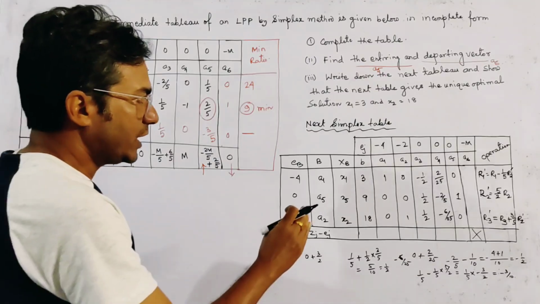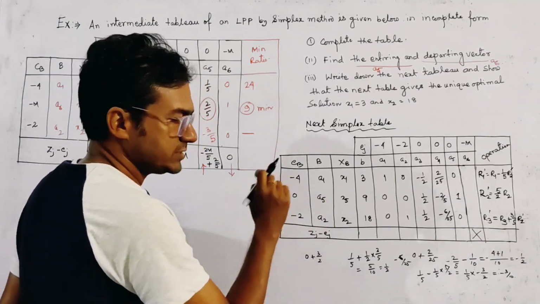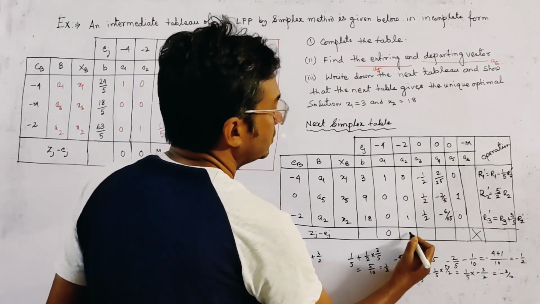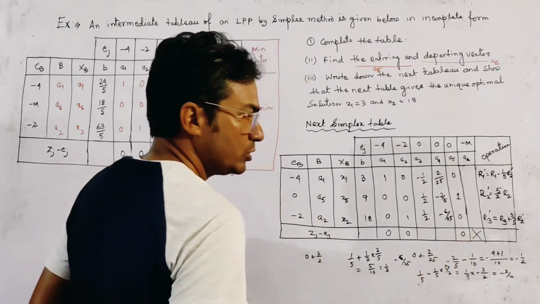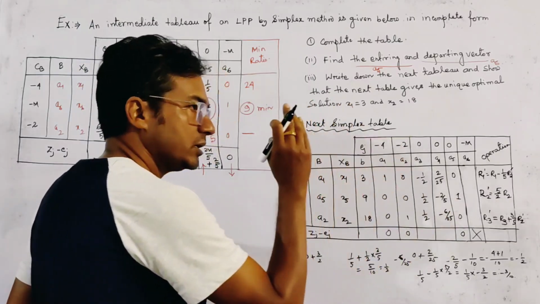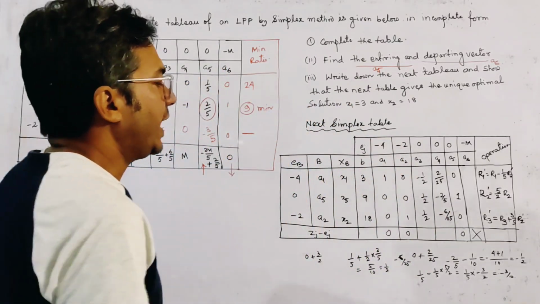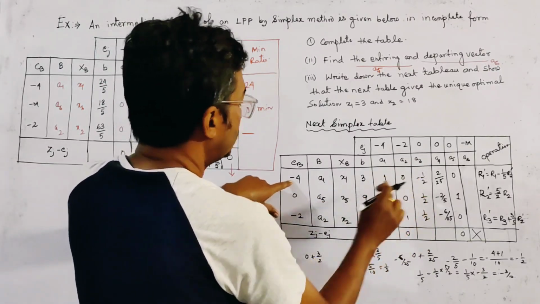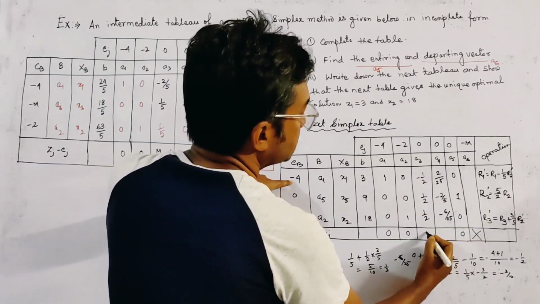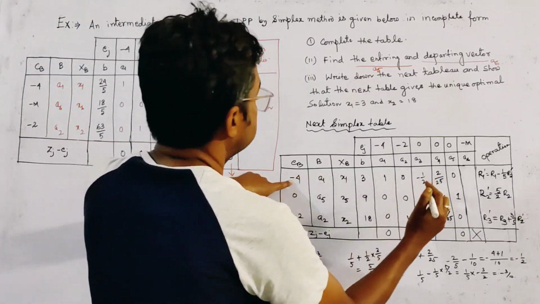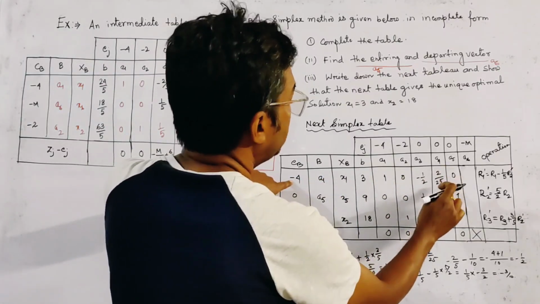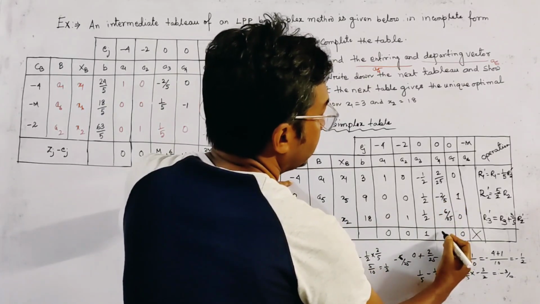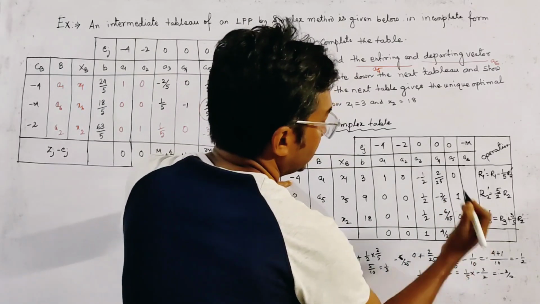Now we calculate the net evaluation Zj minus Cj. Clearly Zj minus Cj is equal to 0, 0, and here also 0, because these three are in the basis, and the net evaluations corresponding to the others are 2, minus 1, so this is 1, and this is minus 8 by 25 plus 12 by 25, so clearly this is 4 by 25.